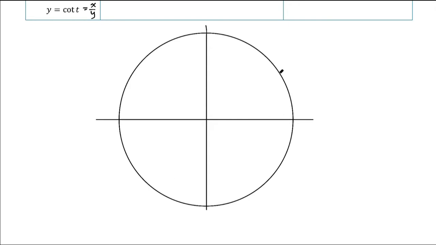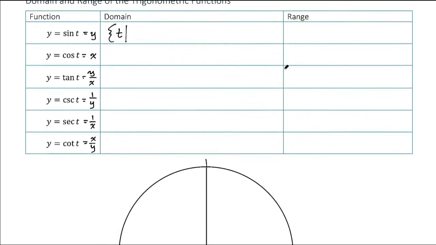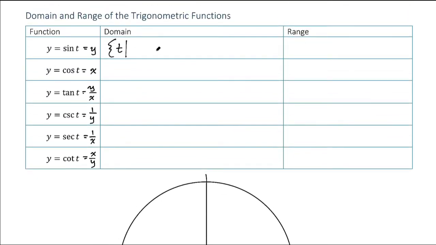There's no problem there. That means that our domain here is everything. t can be anything we want. So I can say negative infinity is less than t is less than infinity. That's just the set of all real numbers. We can plug any real number we want into the sine function, and it works out nicely.